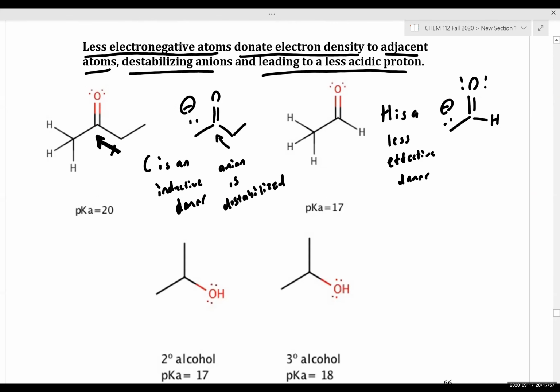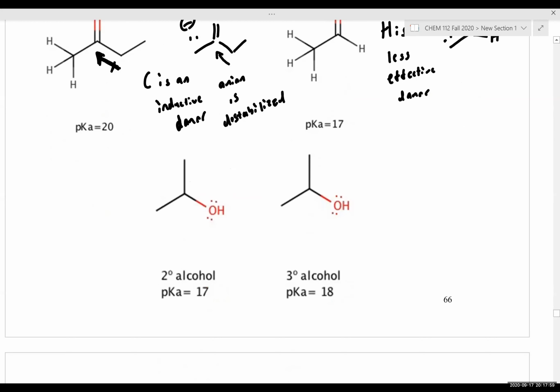Let's look at another example. Remember how we used solvation as a partial justification for the difference between a secondary and a tertiary alcohol? Well, if we compare, let me put in this tertiary.